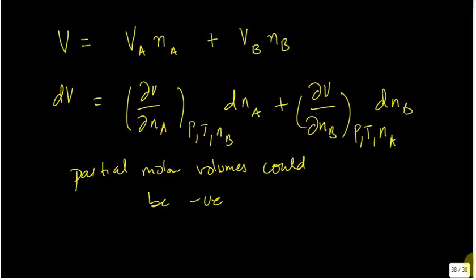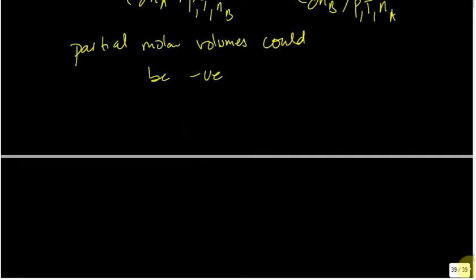Okay. Now, if I can define partial molar volume, I'm sure I can define more and more partial molar quantities. One of those you've seen earlier. So let me just go back from there. What we saw was the total volume was equal to the partial molar volume of A into moles of A plus the partial molar volume of B into moles of B. If I had a pure component, what would be the partial molar volume?